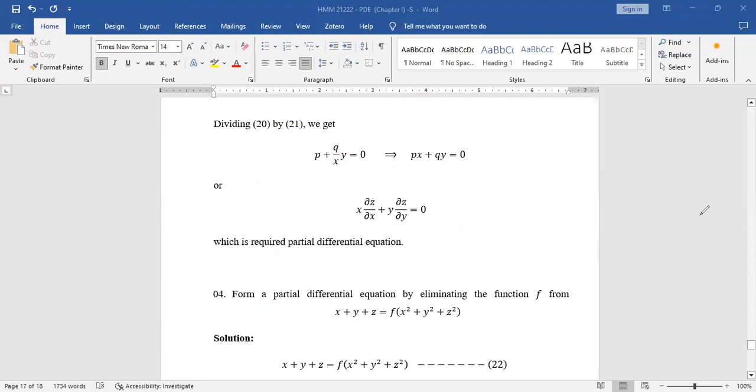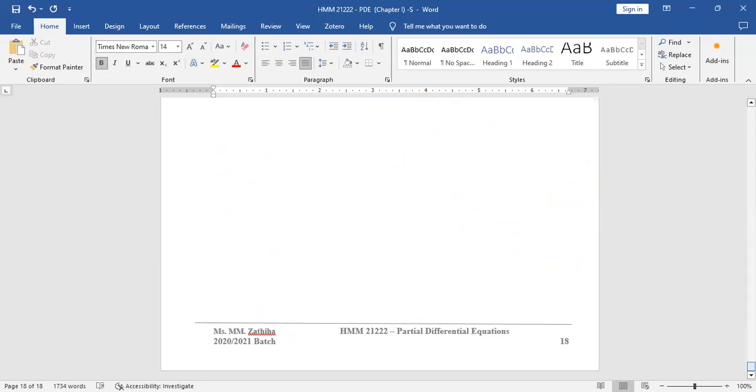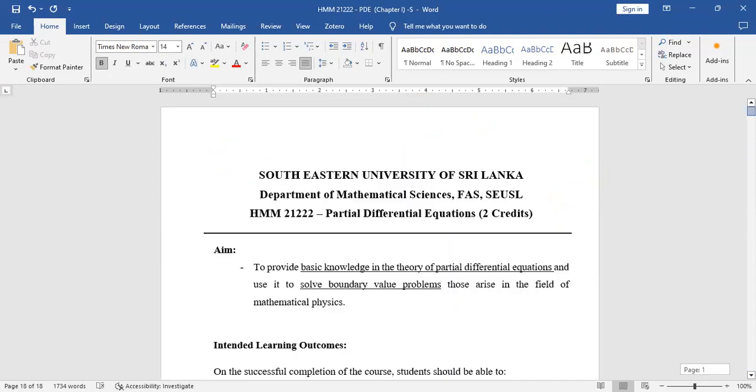So that's all about chapter number 1. What we have studied in chapter 1 will be one of your continuous assessments fully.